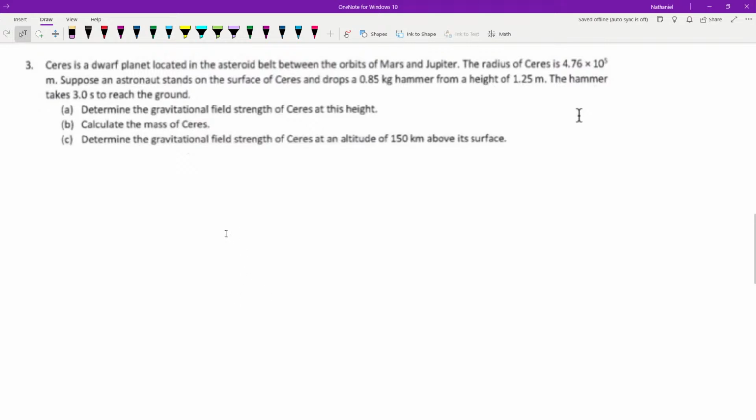Ceres is a dwarf planet located in the asteroid belt between the orbits of Mars and Jupiter. The radius of Ceres is 4.76. I'm just going to write this down here because I know this is probably going to be important, and I want to check its units. Okay, you're meters. Suppose an astronaut stands on the surface of Ceres.